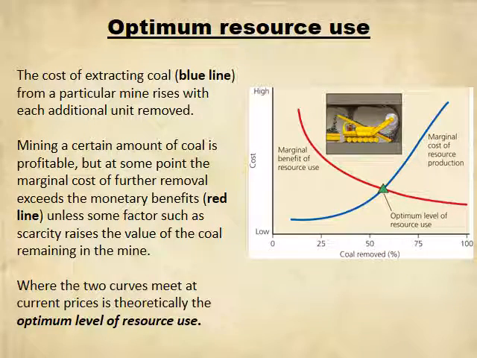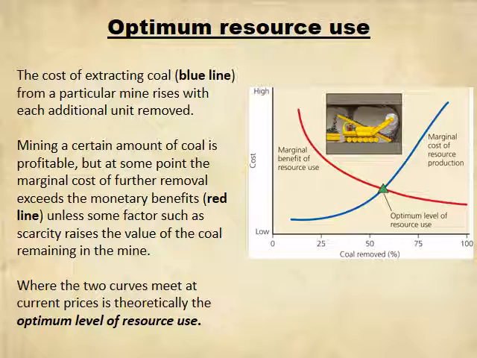Optimum resource use relates directly to mining. So your cost of extracting this mineral, coal, is the blue line represented right here, whereas the red line here is the marginal benefit of the resource use.